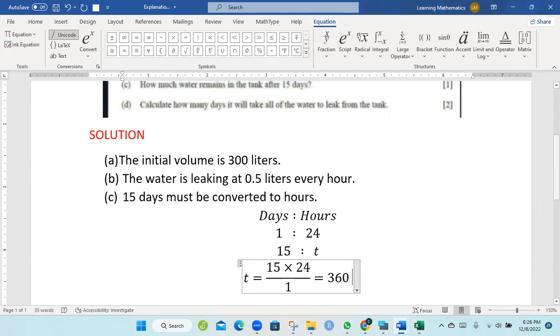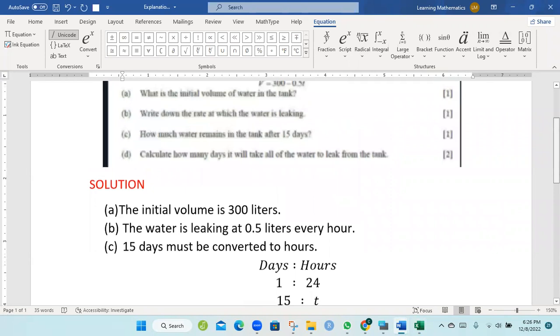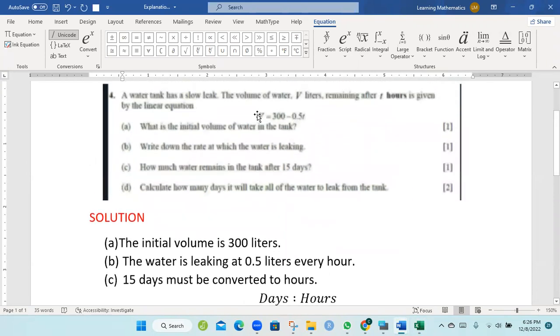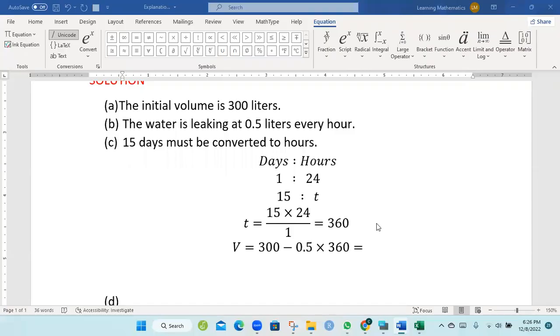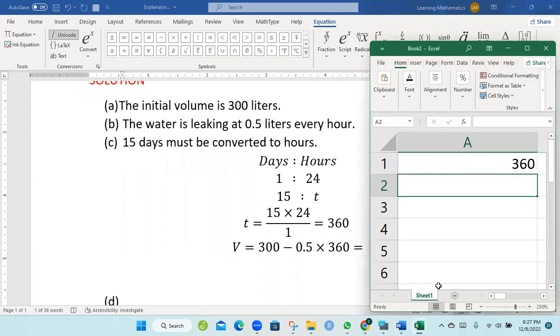Therefore now, what we need to do is to substitute 360 into the formula for volume. So volume is equal to 300 minus 0.5 times 360, and we can use Excel as a calculator to help us do that. All we need to do is just copy this and paste this into Excel.